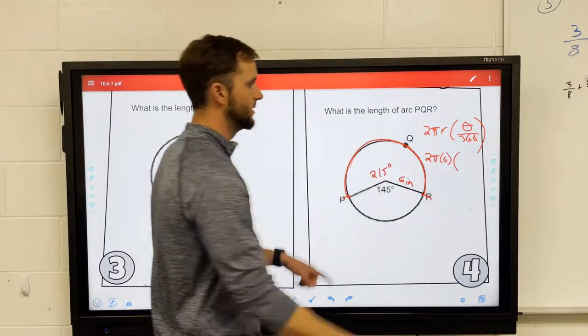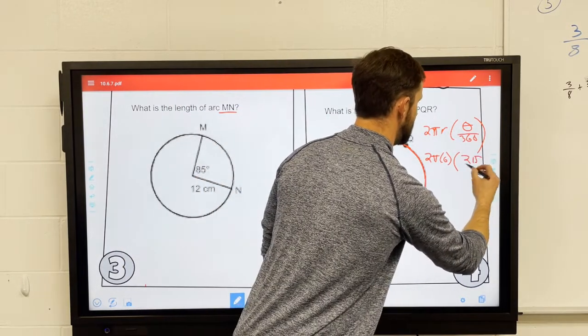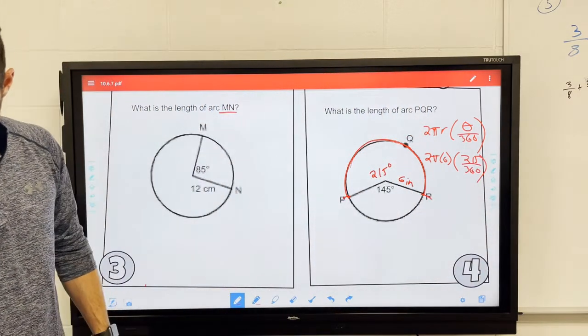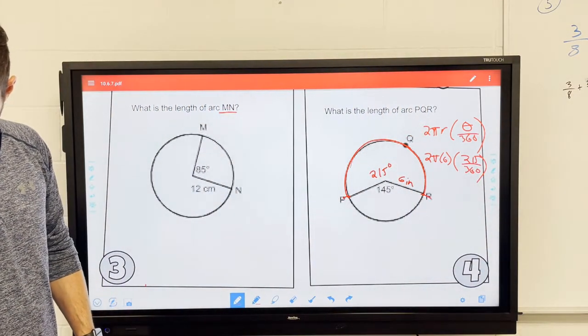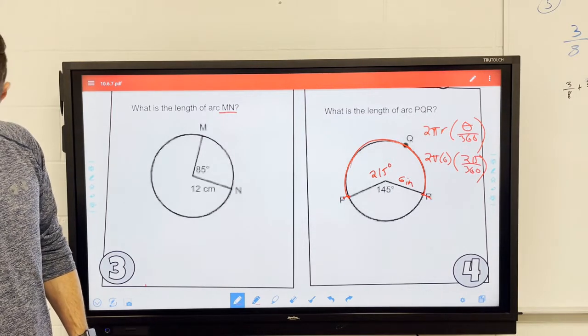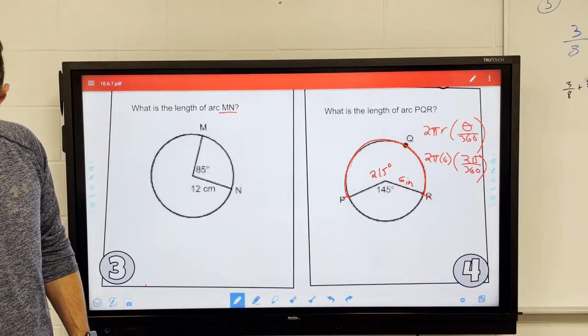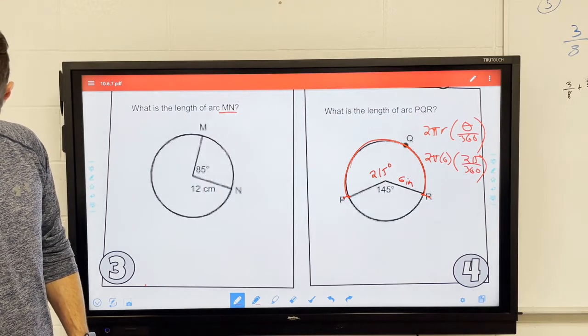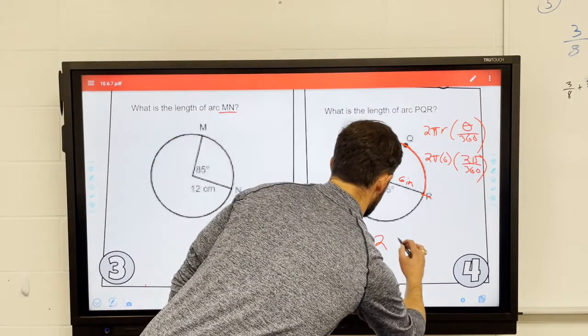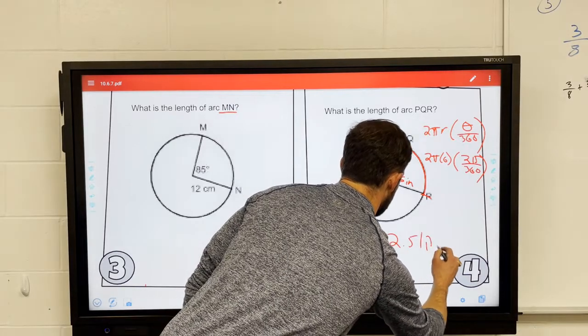My central angle is 215, so 215 over 360. And now I'm just going to multiply all this out. So 2 times pi times 6 times 215 over 360 is going to end up giving me 22.51. So your final answer would be 22.51 inches.